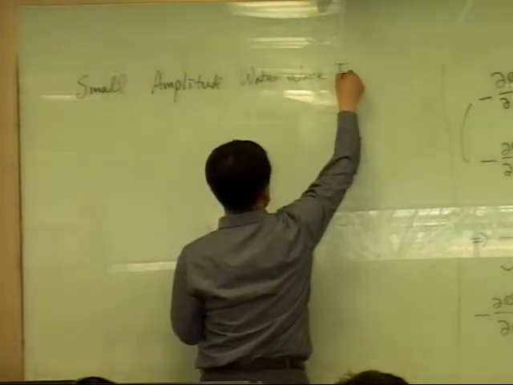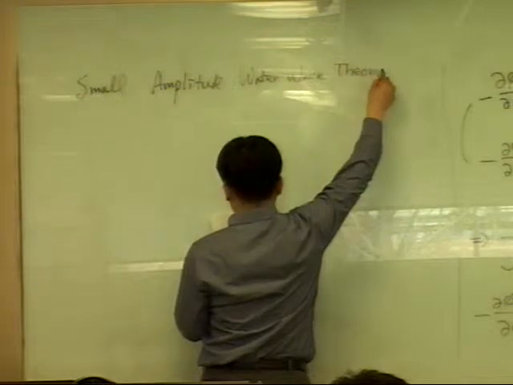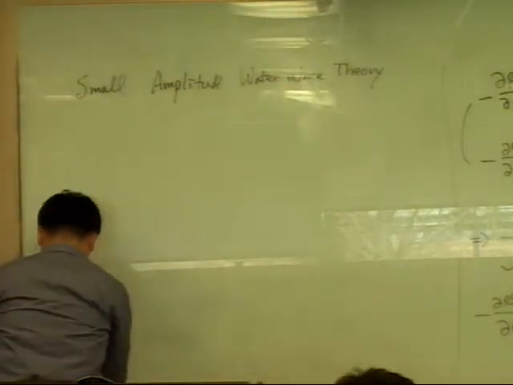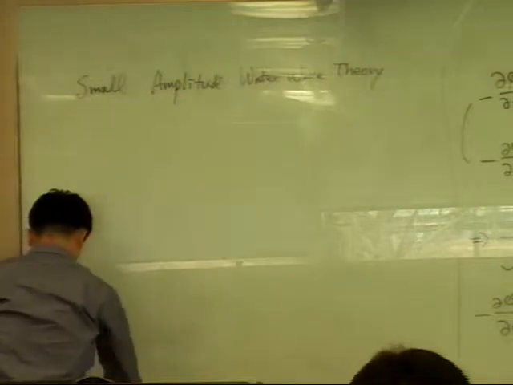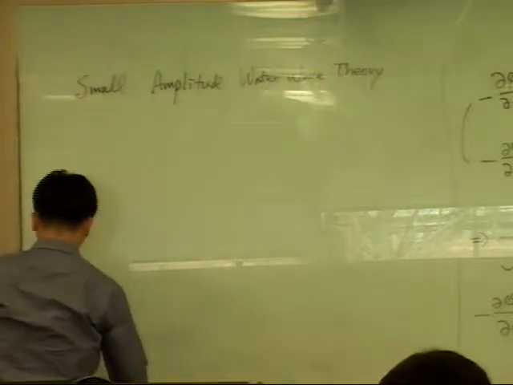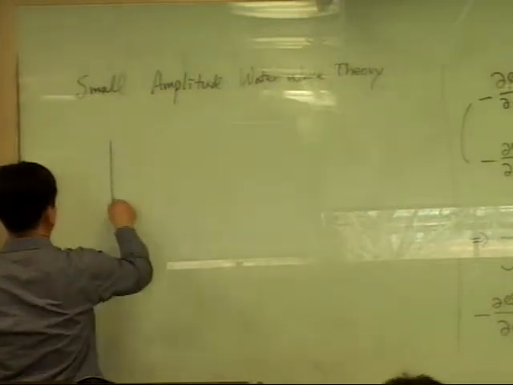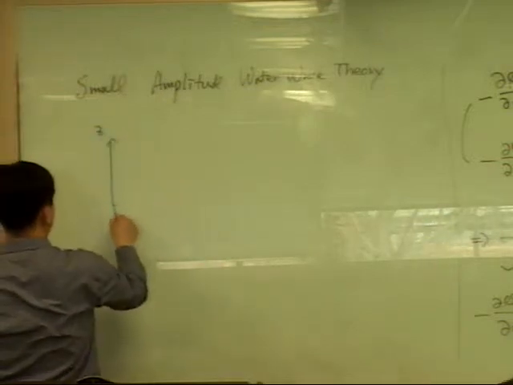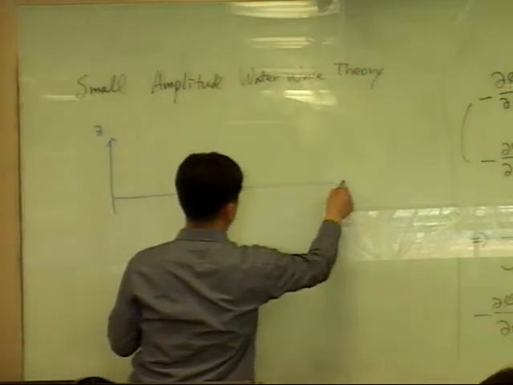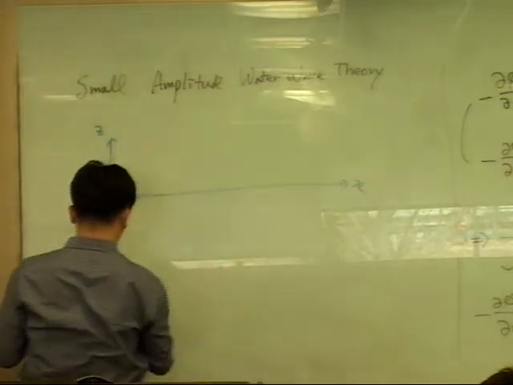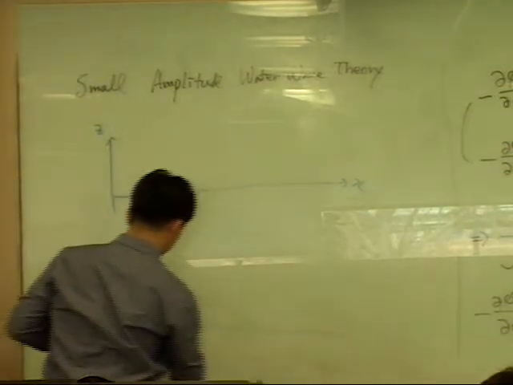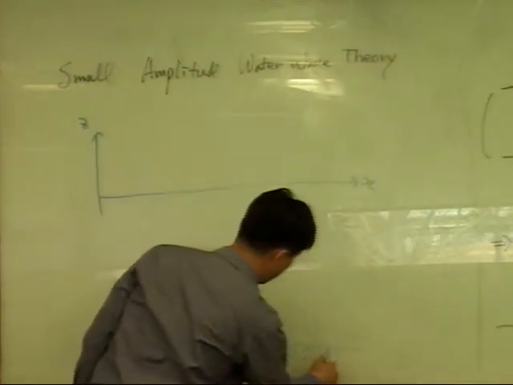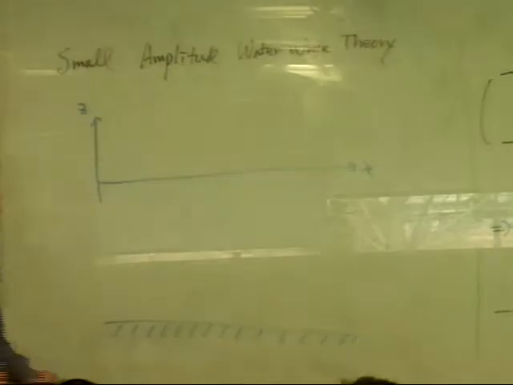Wave theory. Okay. Let's say we have a coordinate system z and x, and this is the bottom of our sea, bottom.